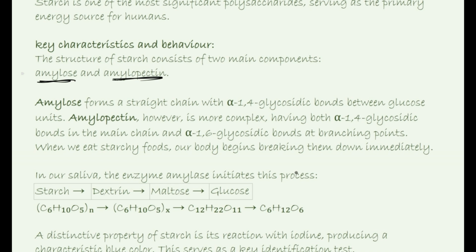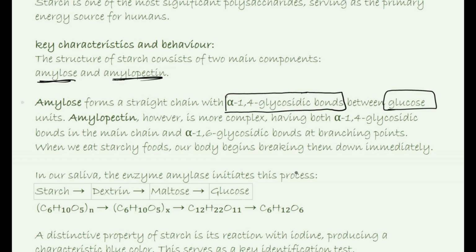Amylose is a straight chain having alpha 1,4 glycosidic bonds between glucose.